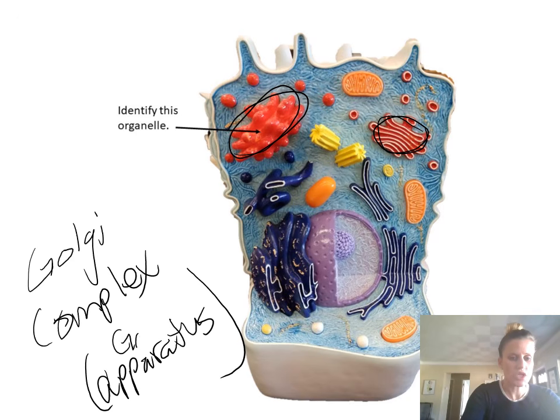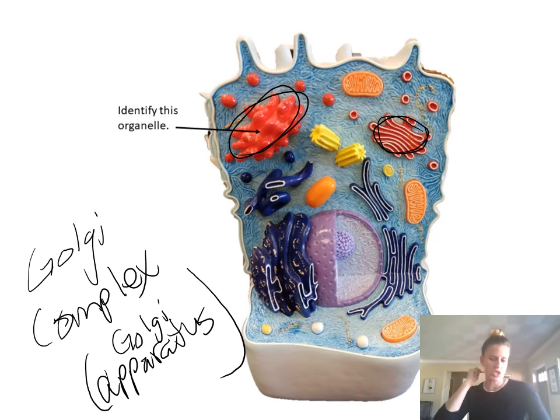These are packaging plants. They have a lot of different functions. They're important for the last step in modifying and packaging enzymes and proteins for later use. They package things into little vesicles. They also are important for producing some carbohydrates.